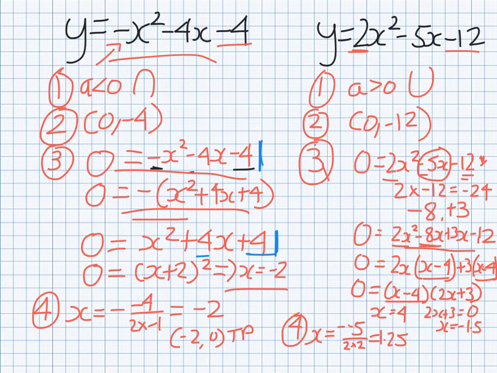Now we find the y value so we can get the turning point. If you substitute x equals 1.25 into the original equation, you should get y equals minus 15.125. So that's the turning point, positive 1.25, minus 15.125. Now, pause and copy this down if you need, and we will graph this on the next slide.